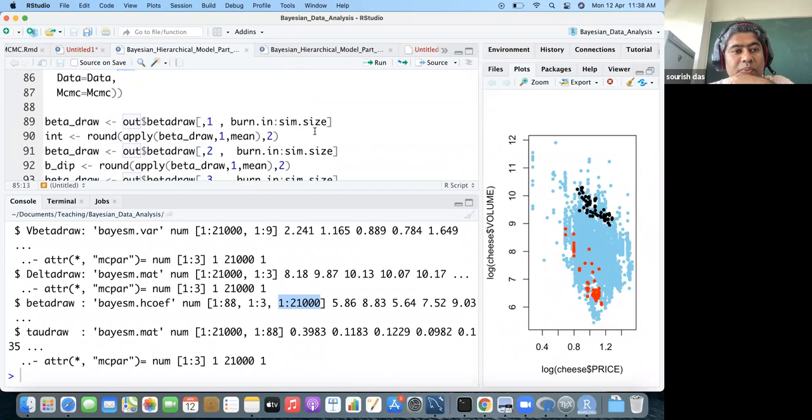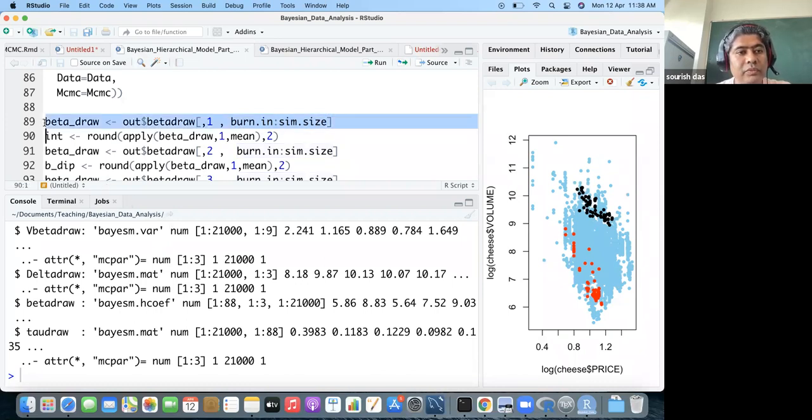So what I wanted: when I say the first one, you leave it, that means I'm taking all 88 retailers, and 1 stands for the intercept, and then burn-in to simulation size. I don't want all 21,000; I want burn-in to simulation size.